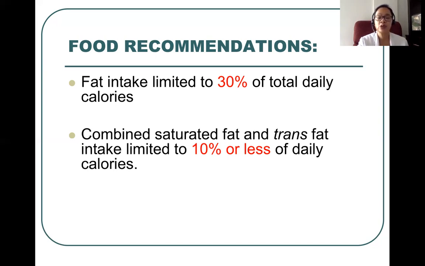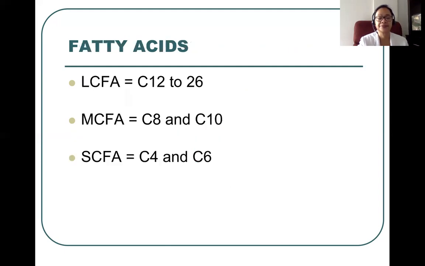And then 30 to 35% will be coming from fat. And the combined saturated fat and trans fat intake is limited to 10% or less of our daily calories. So it should not go beyond 10%, okay, in relation to the consumption of saturated and trans fat intake.